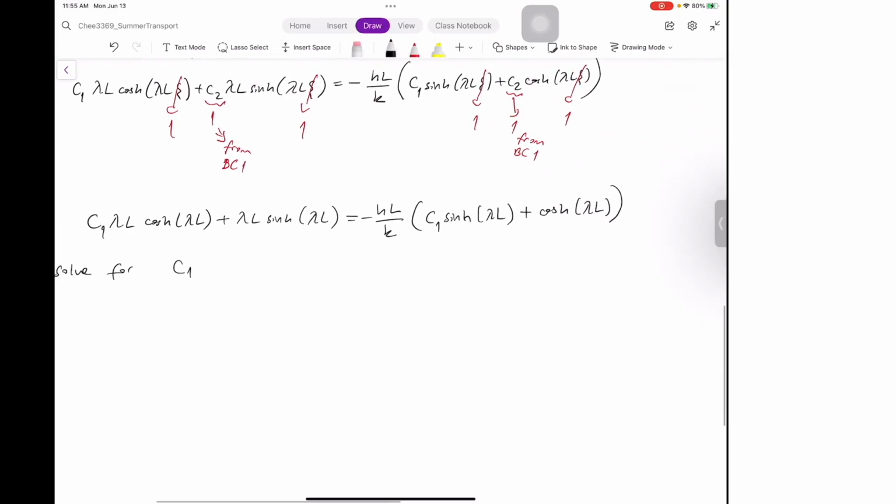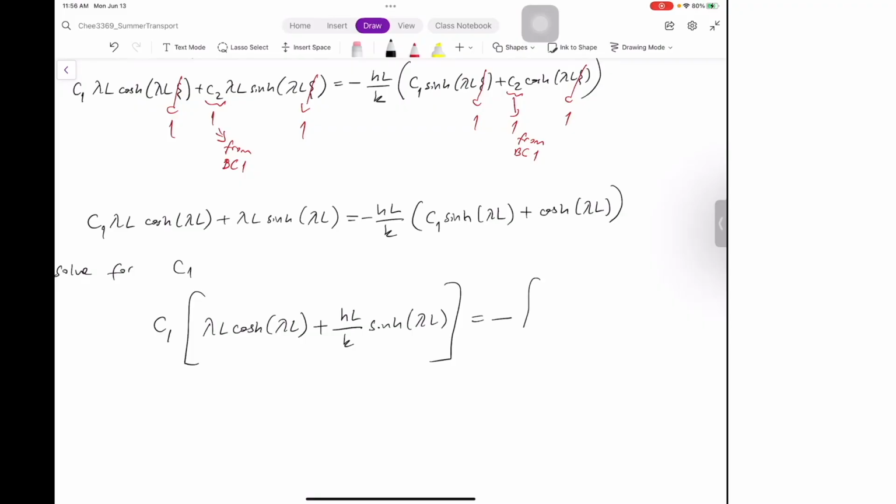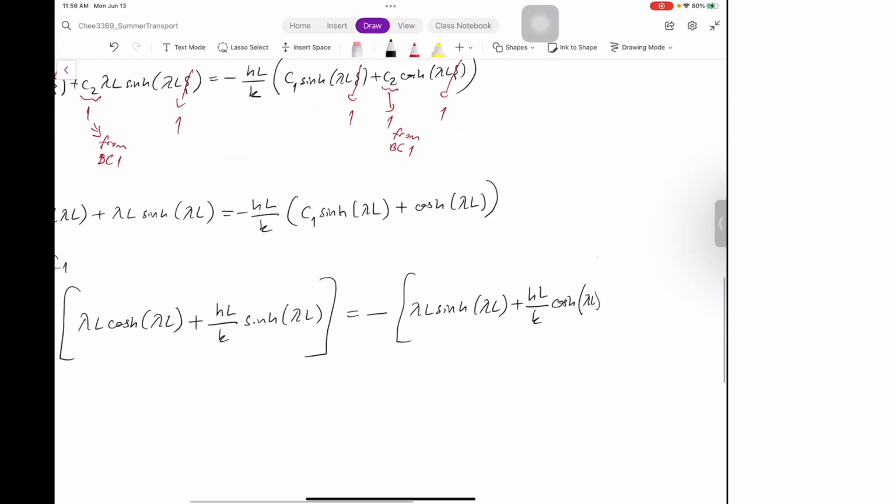You collect all the terms with C1 on the left: C1 times lambda L cosine hyperbolic lambda L plus HL over K sine hyperbolic lambda L, is equal to minus lambda L sine hyperbolic lambda L plus HL over K cosine hyperbolic lambda L. There you go.